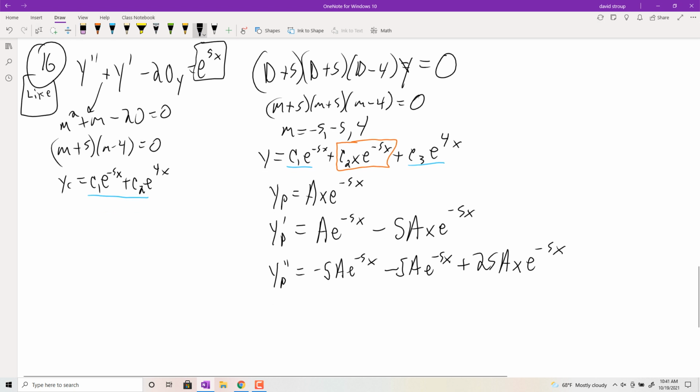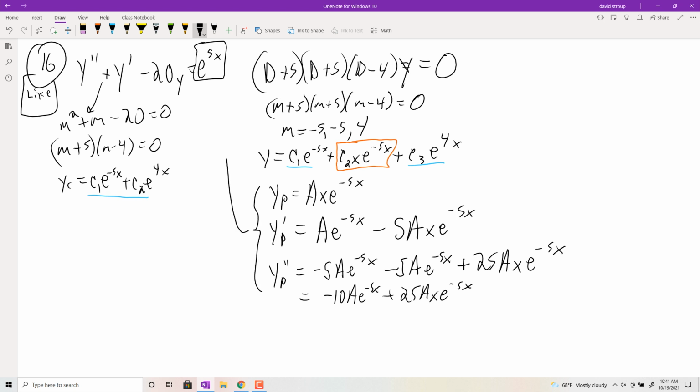So once you're there, let's simplify this a little bit. So negative 10a e to negative 5x plus 25a x e to negative 5x. Then we're plopping all these derivatives back into the original differential equation and solving for the coefficient a.